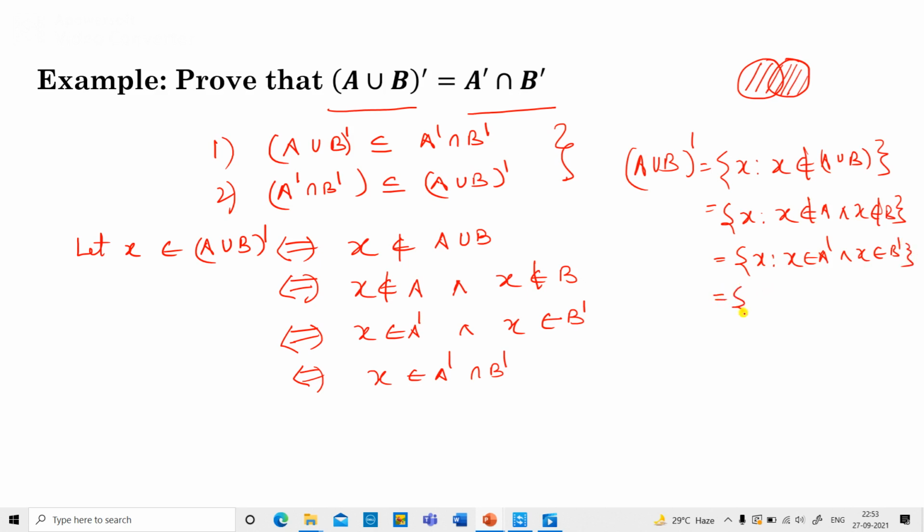And finally write X such that X belongs to A' intersection B'. Now this is equivalent to A' intersection B'. So there is another way. Here we have used the set builder notation to prove the equality of two sets. You can use either this method or this method to prove a set identity.